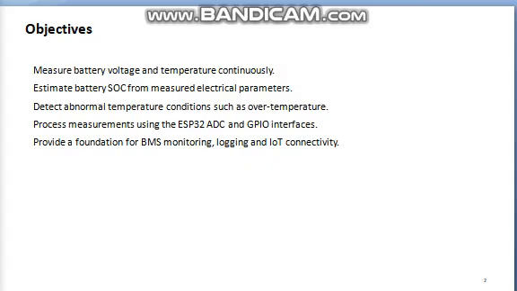It also estimates the state of charge and detects abnormal conditions such as over temperature. So this provides the foundation for BMS monitoring, data logging, and IoT connectivity. So that is the aim of this work.